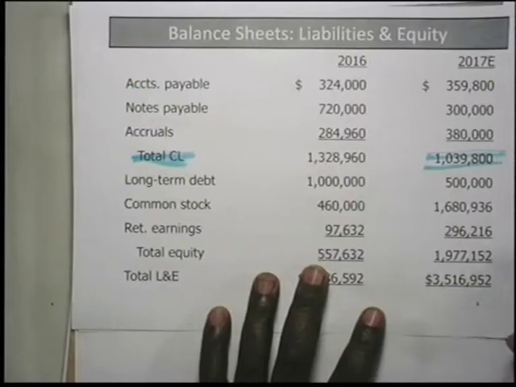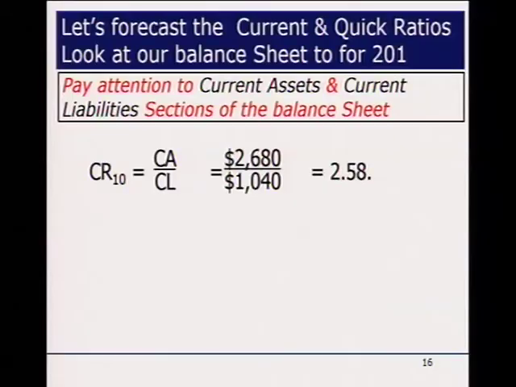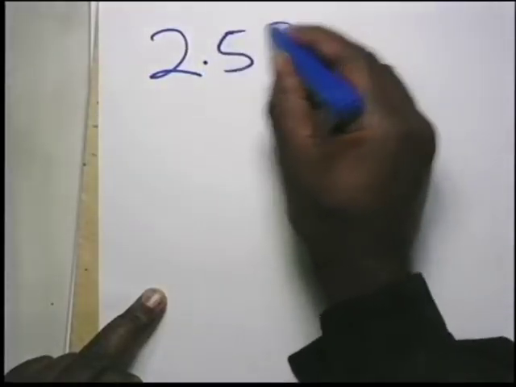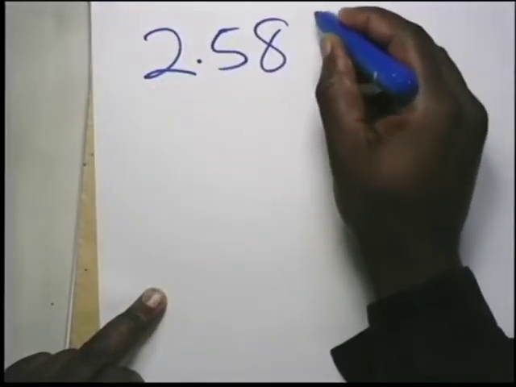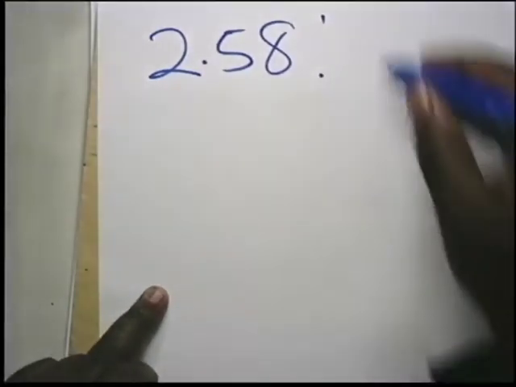So if we divide that, we will get a ratio of 2.58. Now, remember this is a ratio. A ratio of 2.58, we can write it as follows as well: 2.58 is to 1.